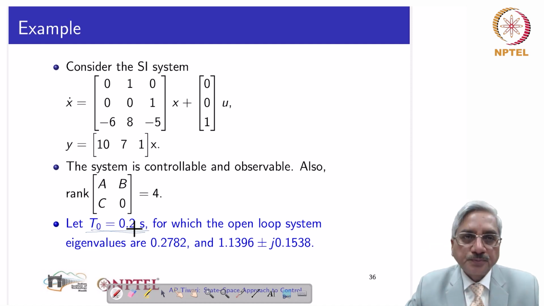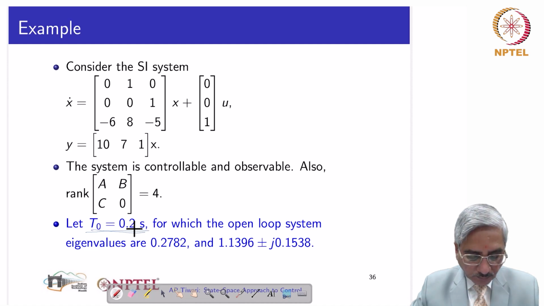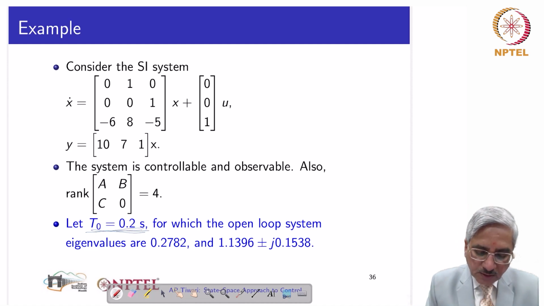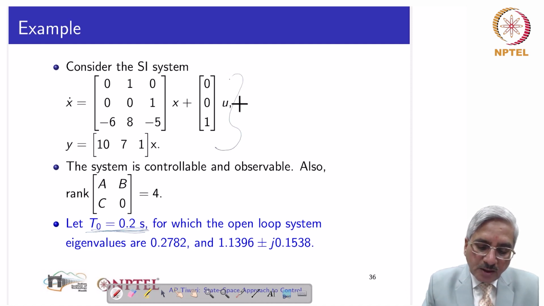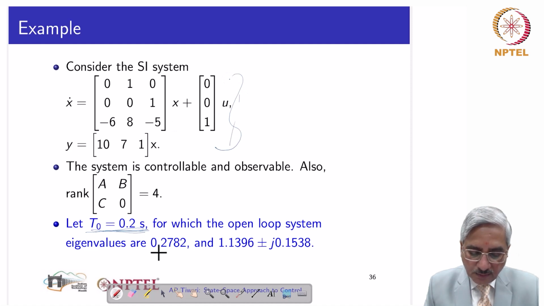So T0 should be smaller than the decay time constant of the mode varying the fastest.